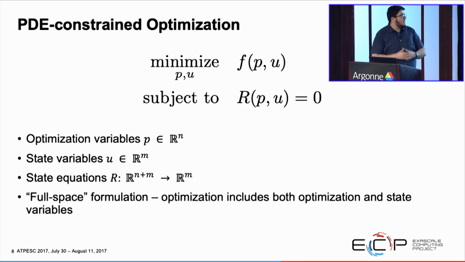So this is a set of equations we have to solve to find out the state of the PDE that corresponds to the inputs or the parameters P. Here are the optimization variables. U are the states for the PDE, and this is what's called the full space formulation because the optimization problem itself includes both the optimization variables and the PDE states.